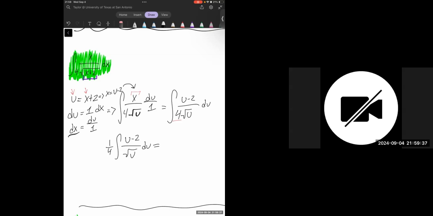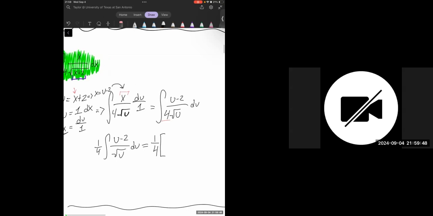Instead of having u minus 2 over root u, because they share the same denominator, I can write this as 1 over 4, with brackets that just mean this gets applied everywhere: integral u over square root u minus the integral 2 over square root u.